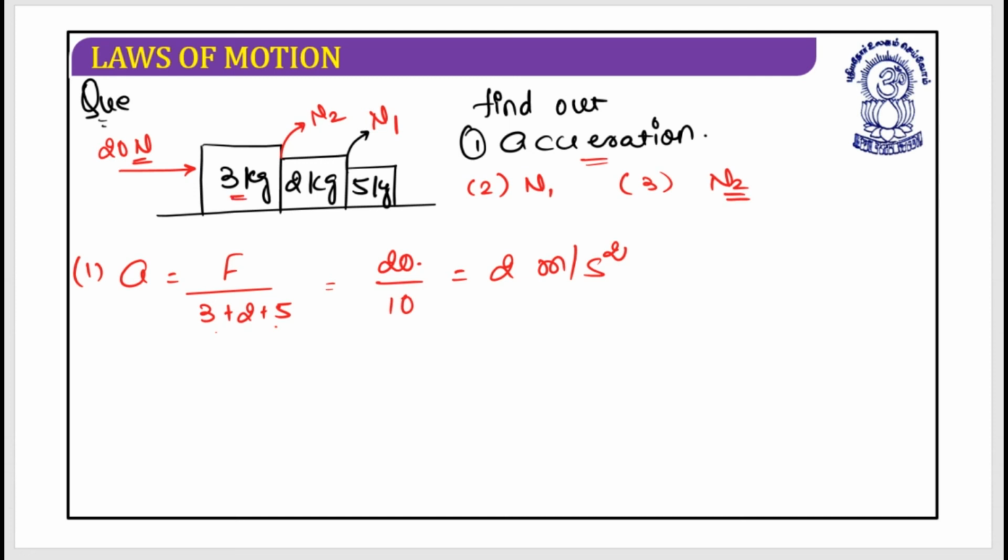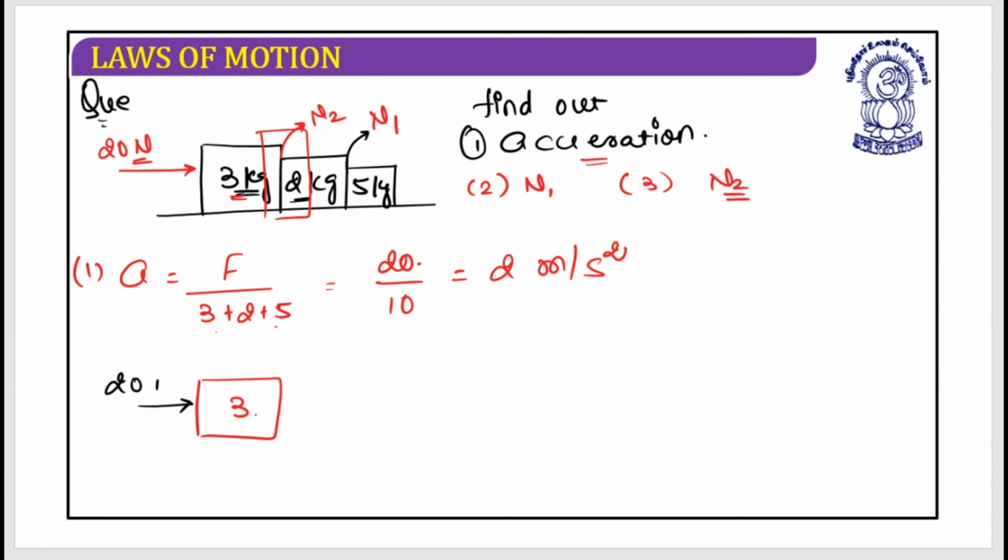Now let's work for the normal forces. If I draw a free body diagram of the 3 kg object, which forces are acting? 20 Newton of force is acting from here, and this 3 kg and this 2 kg are in contact, so it will apply a normal force.